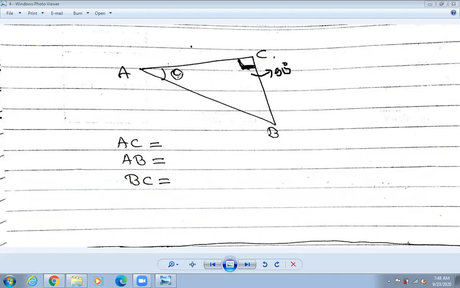This is called reference angle, isn't it? Now tell me, so AC is what? There are three options. One is opposite. Is it hypotenuse? Or is it adjacent?